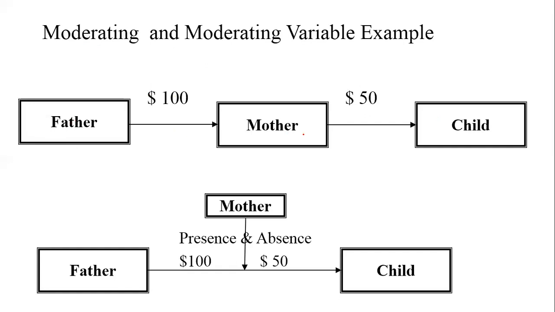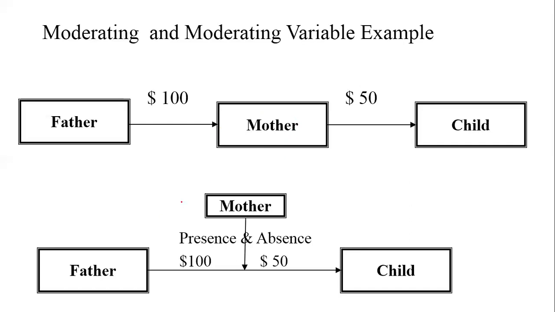So in this case, the mother is acting as a mediator because she is given money by the father, and then the same path continues and she gives money to the child.